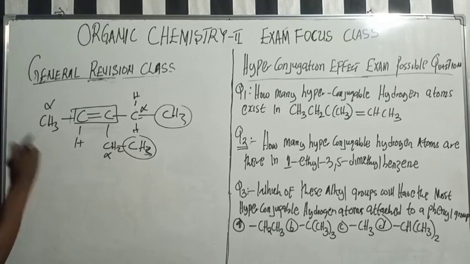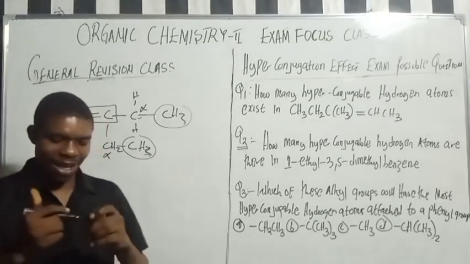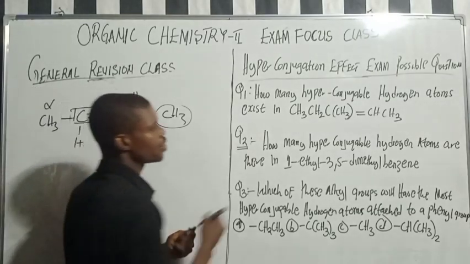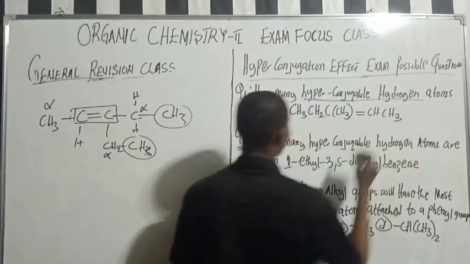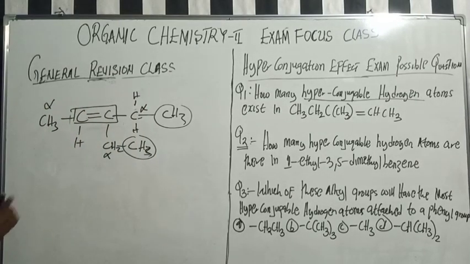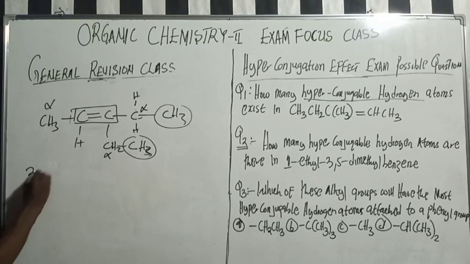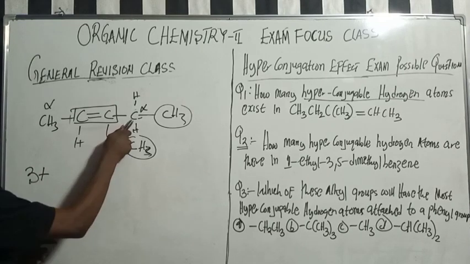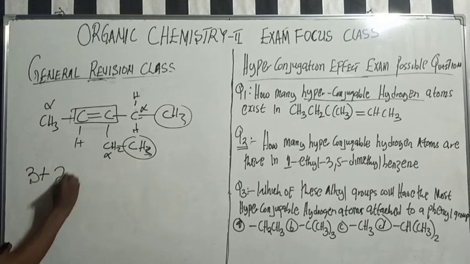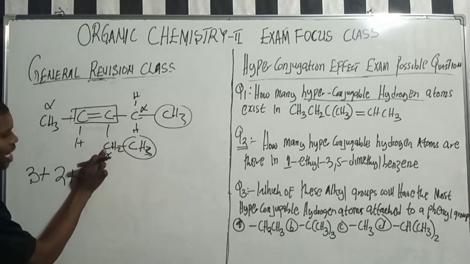That hydrogen is known as alpha hydrogen, and alpha hydrogen is also called hyperconjugable hydrogen atoms. So here I have three hyperconjugable hydrogen, which is three, plus two, because this alpha carbon is carrying two hydrogen, plus two, because this alpha carbon is carrying two hydrogen.